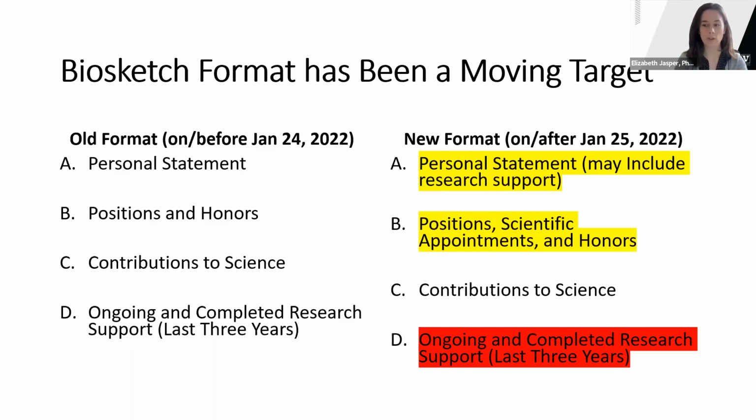And then for non-fellowship biosketches, section D has been completely removed. So no more ongoing or completed research support within the last 3 years section. For fellowship biosketches, section D has been updated to remove just the part on research support. And then we'll talk about this again, but if you want to include your research report, that's now allowed in section A, so your personal statement.